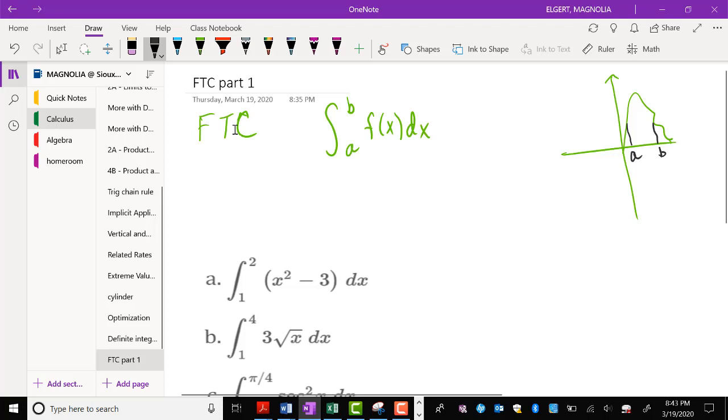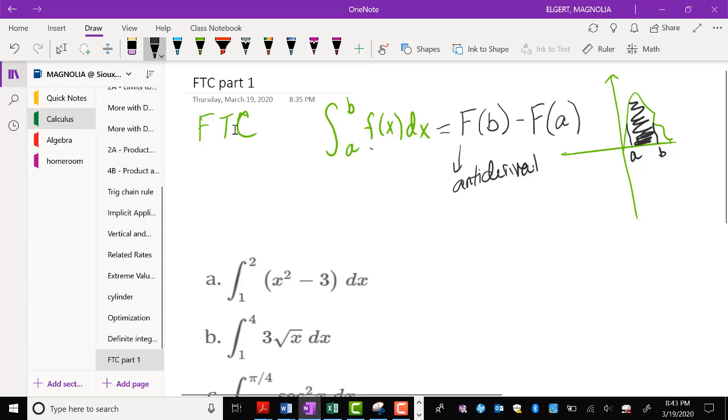Well, the relationship is that if you take the antiderivative of this function and you evaluate it at the upper boundary, b, and you then take that same antiderivative and you evaluate it at the lower boundary, a, and you subtract those two values, you get this area that we need. Remember that capital F stands for the antiderivative.